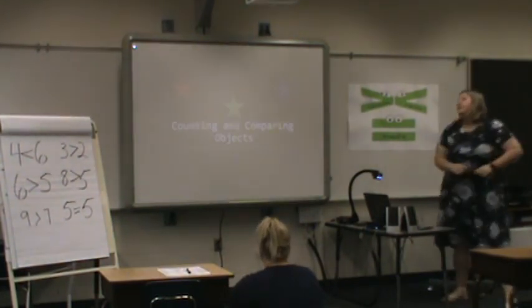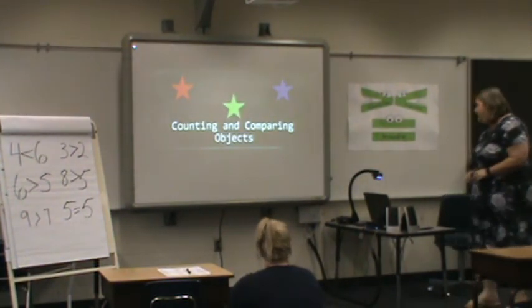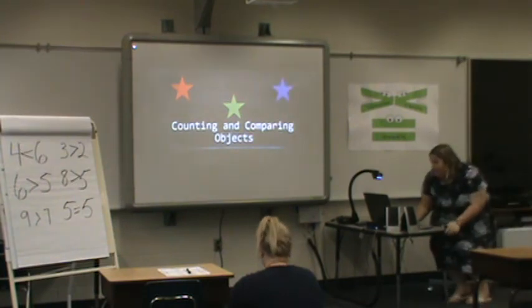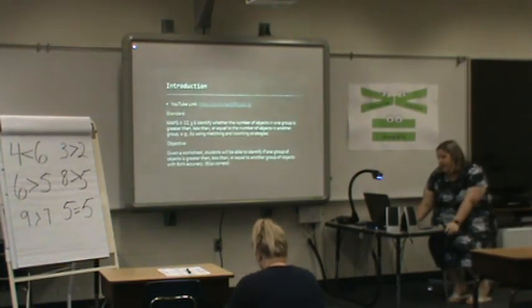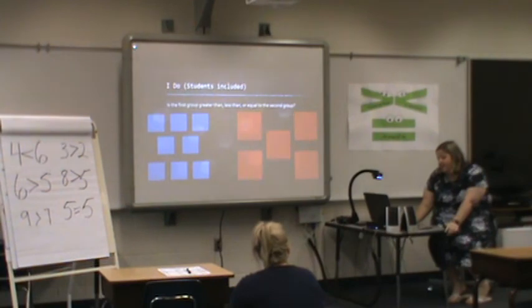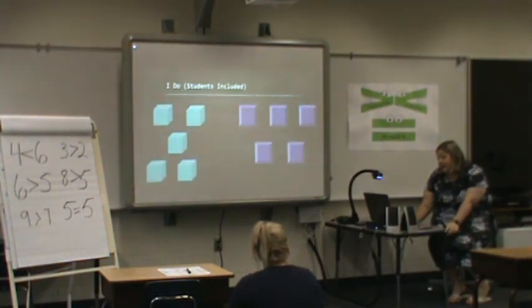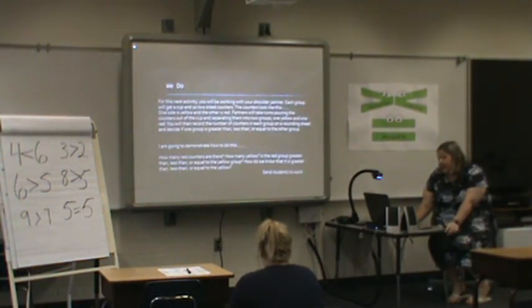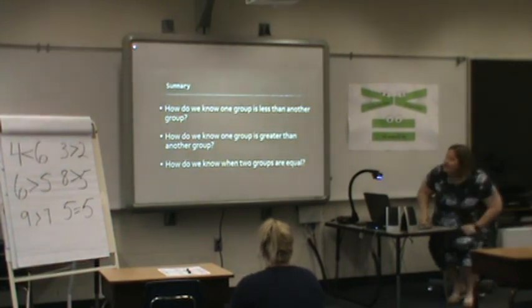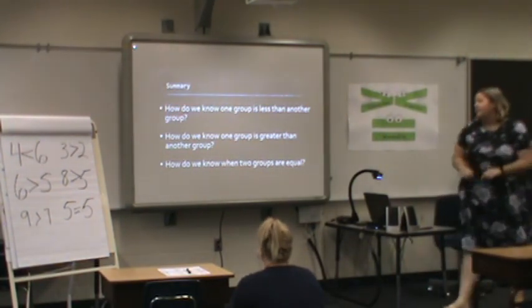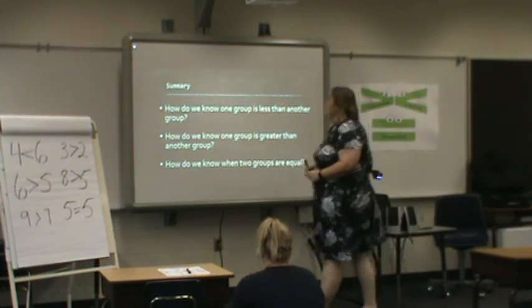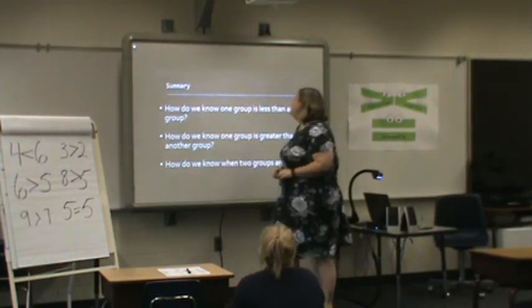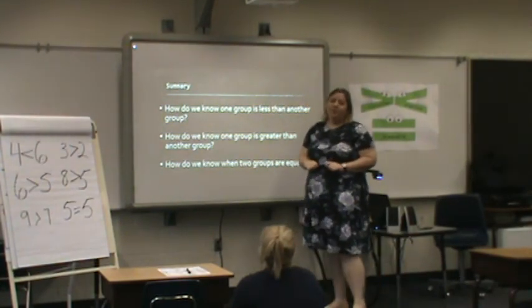So today, you guys had a little practice with counting objects and putting them in groups and saying if one is greater than, less than, or equal to the other. Nikki, how do we know one group is less than another group?